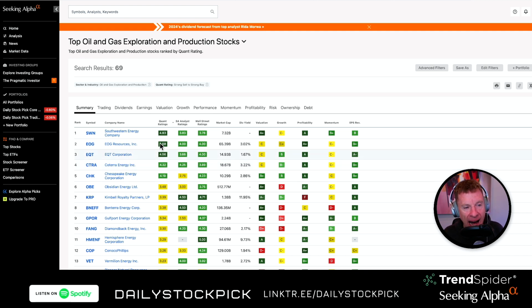They all have high quant rating scores, and you can see the growth over here, the profitability, all A. Chesapeake Energy, A. Quant valuation, B+. This top one, A+. Growth is C-. So Southwestern Energy, these are all in top oil and gas production stocks.